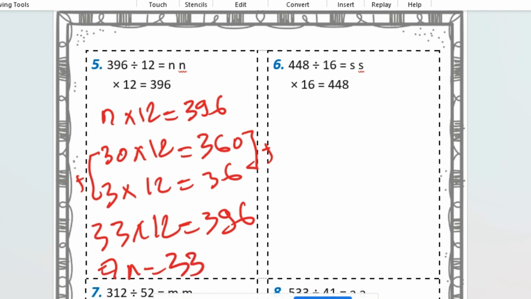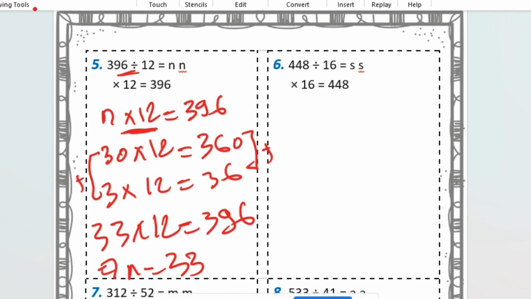So this is a nice way to find the quotient. We change the division into multiplication. 396 divided by 12 equals n, which is an unknown number. So we change this statement into n times 12 equals 396.